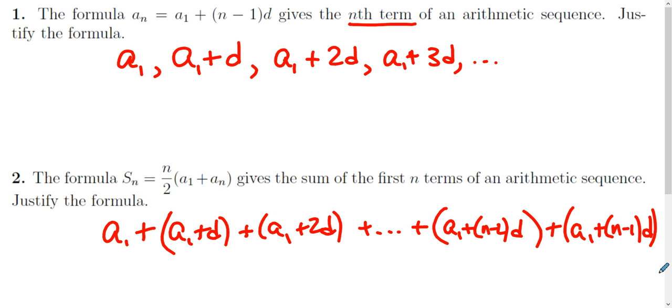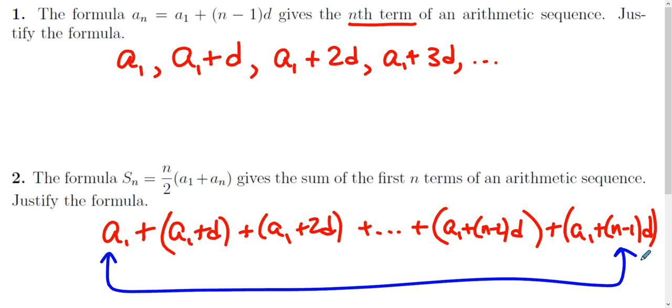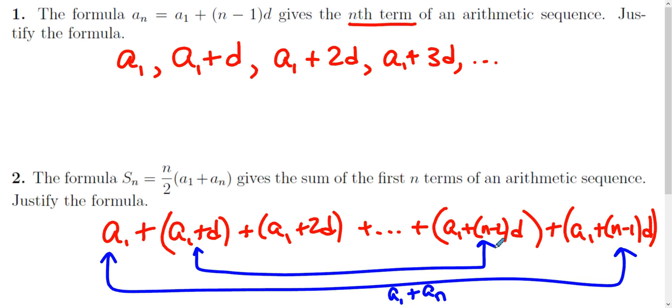When we add all the terms together, these add up to a1 plus an, but these also add up to a1 plus an, because you can kick that d over here.